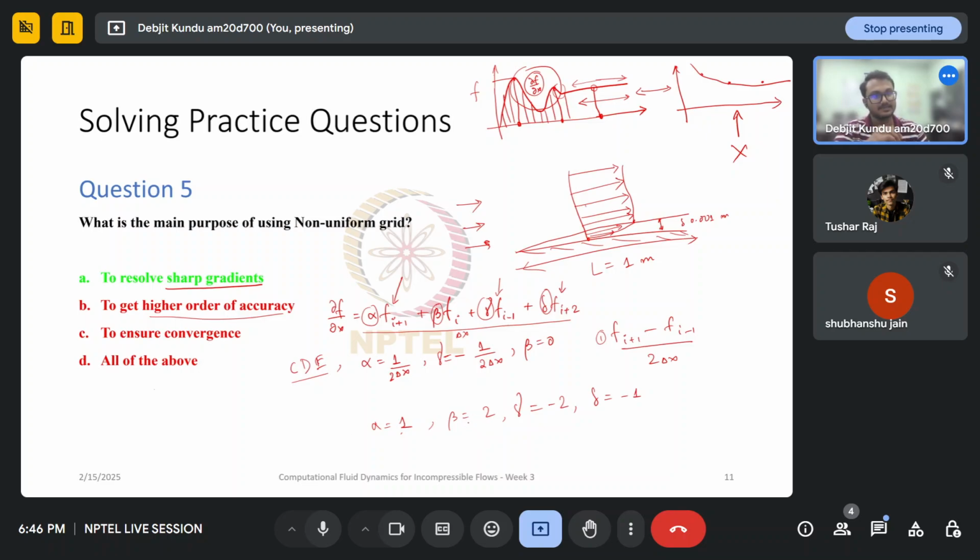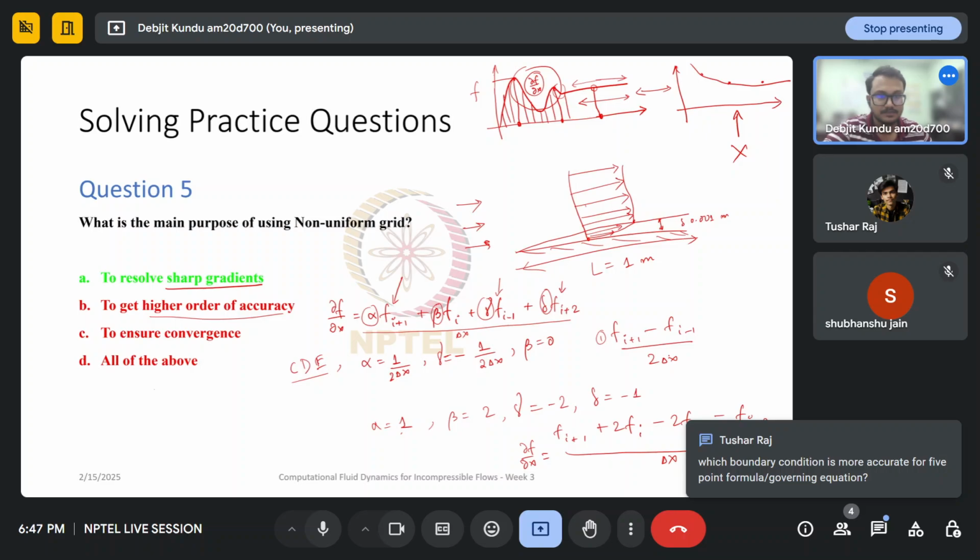Then the discretized form would be f i plus 1 plus 2 f i minus 2 f i minus 1 and minus f i plus 2. This is no real equation, I just made this up, and it will definitely not be correct, but I'm telling you this is the process. Alpha, beta, gamma as such have no value here. We just have to find them. Does that answer your question?